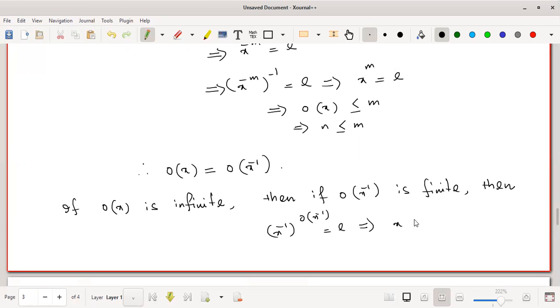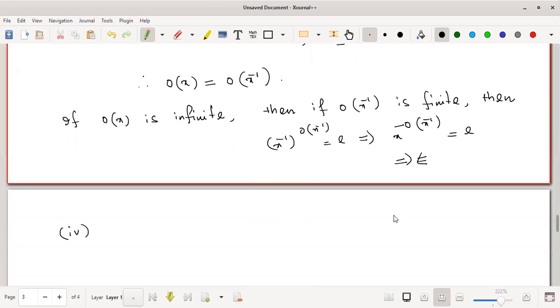This implies x to the power minus order of x inverse is identity. But this is a contradiction, because this is a finite quantity and it proves that the order of x is finite. So therefore, the order of x inverse is infinite as well. And similarly for the other part. Please complete the proof by giving the statement that if the order of x inverse is infinite, then the order of x is also infinite.